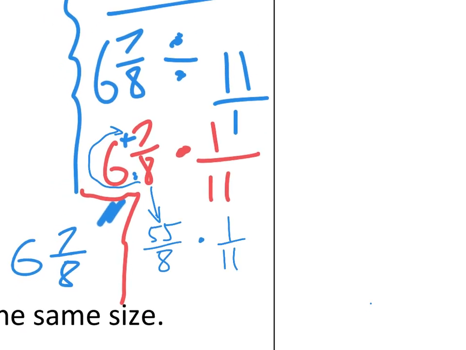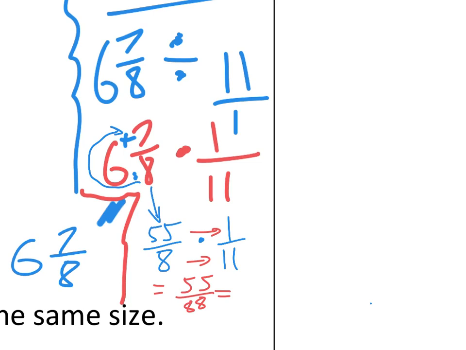Now we're going to multiply this by 1/11, that is, or divide by 11. What that really does in this case is we multiply straight across. This is 55 over 88. We multiply straight across when we multiply.